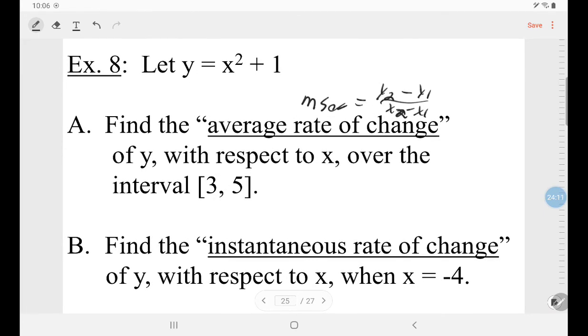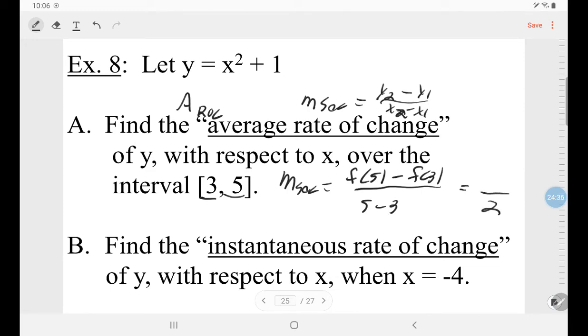So in this case, since I'm doing it at 3 and 5, I can write that slope of the secant, or my average rate of change, as y2, which is f of 5, minus y1, f of 3, over 5 minus 3. Now on the bottom, that's going to be easy. That's going to be a 2.